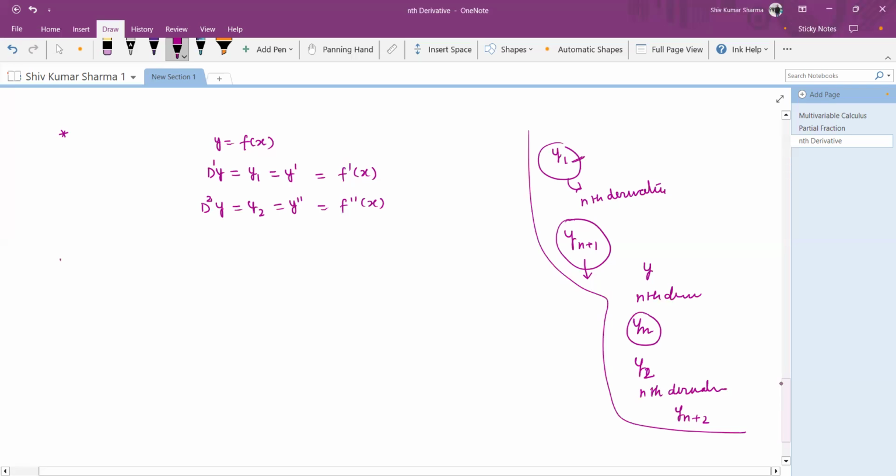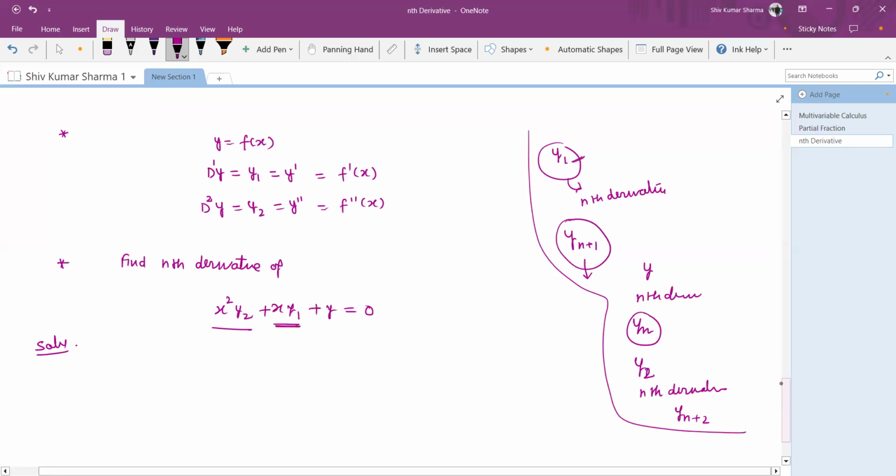Suppose we have one simple problem to find the nth derivative. Find the nth derivative of x square into y2 plus x y1 plus y is equal to 0. First we remember that the Leibniz theorem is used for a product function.